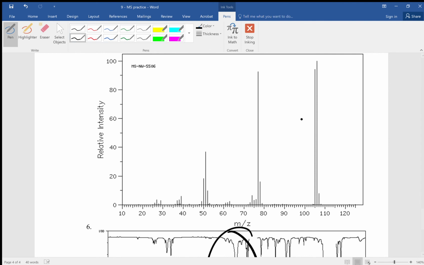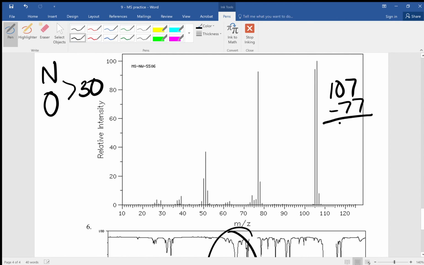Looking at our mass spec, our parent peak is at 107, which also suggests that we have a nitrogen. So if we subtract out the nitrogen and the oxygen, that's equal to 30. Which leaves us with 77, which would be enough for 6 carbons as well as 5 hydrogens.